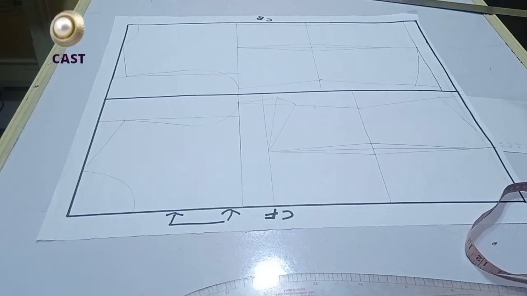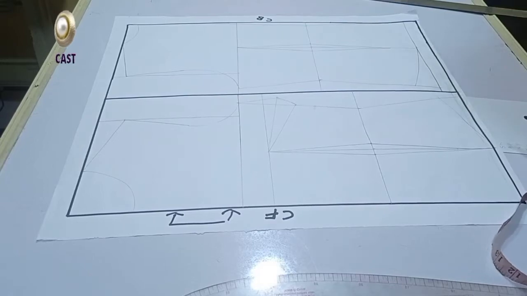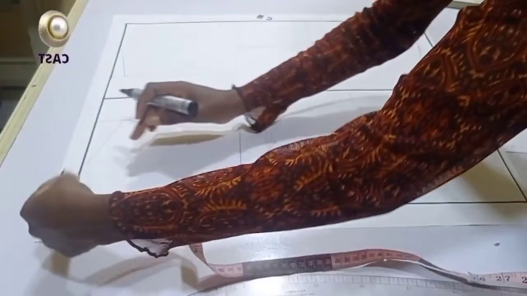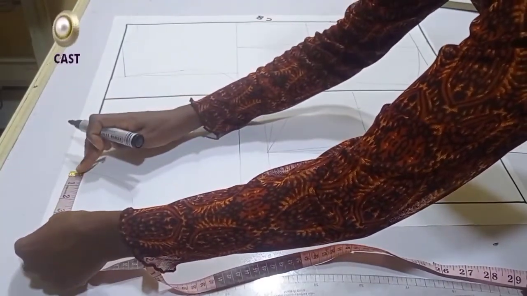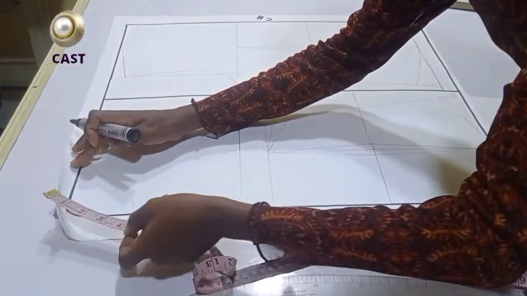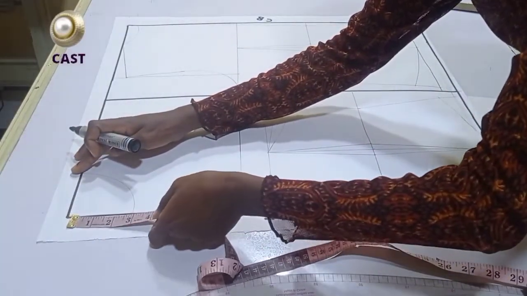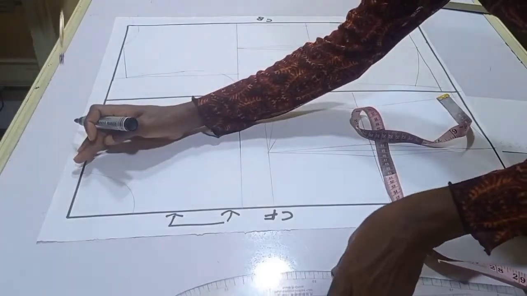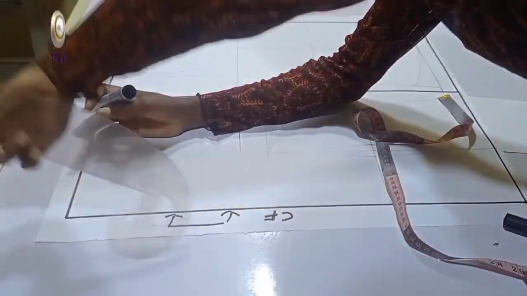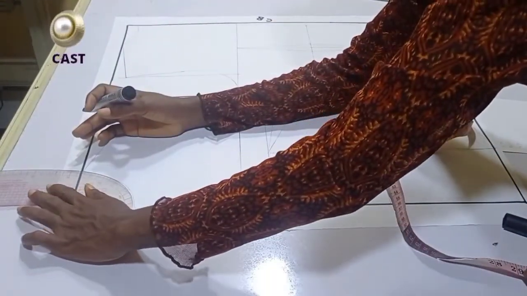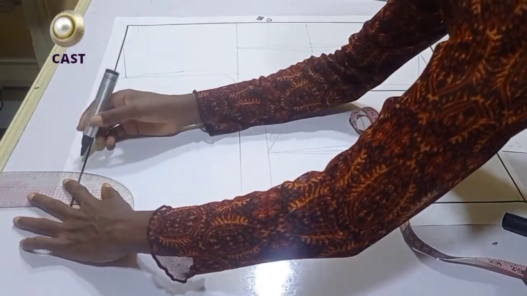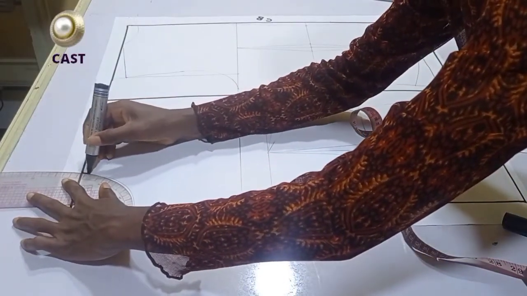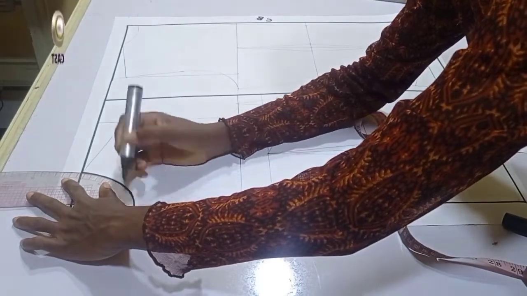I'll go ahead and measure 3 by 3 for my neck width and depth for the front. My neck width is 3 and the depth is 3. I will measure it like that, and I'll just use my cuff to get the shape. I hope you are still with me. So this is going to be for your neck, for the front.